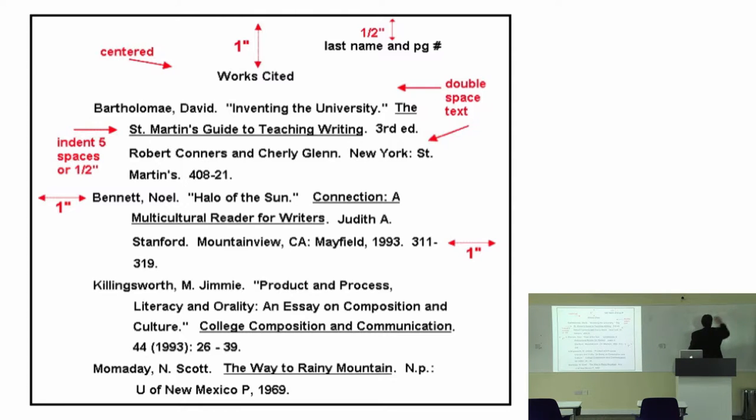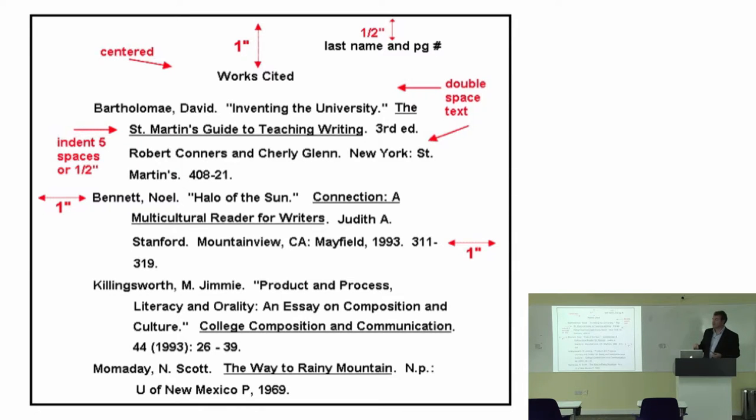So the works cited together and the in-text citations should do a couple of different things. One thing they should do is tell us that you're taking information or ideas from another writer. That's the basic elementary thing that you need to be able to do in order to not be committing plagiarism.